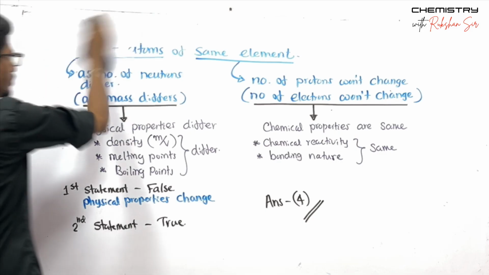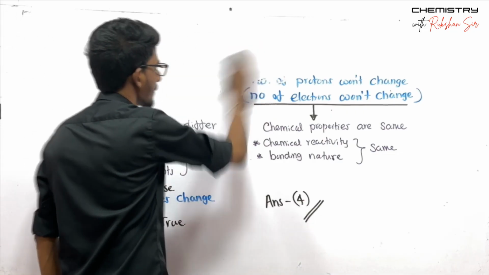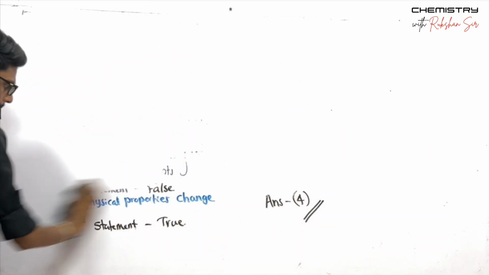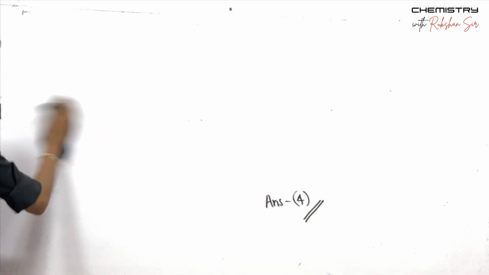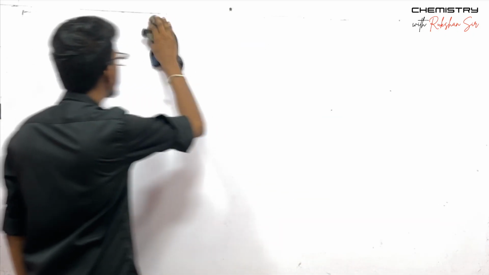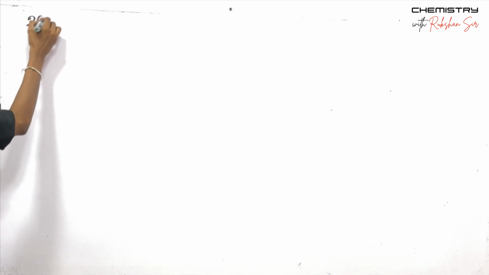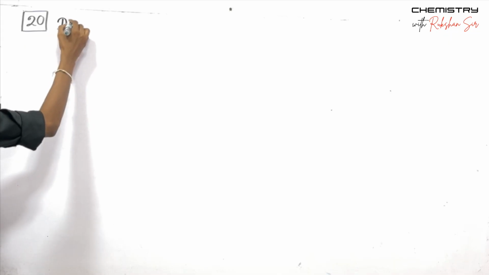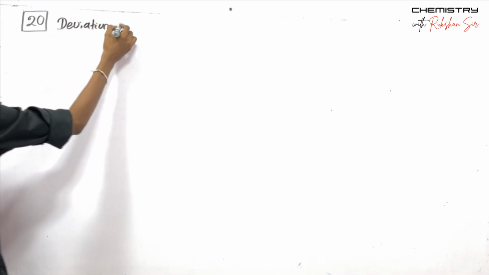Right. Let's come to the question number 20. See what it says. Which of the following gets deflected when moving across a magnetic field? Right. So it's all about deviation in magnetic field.